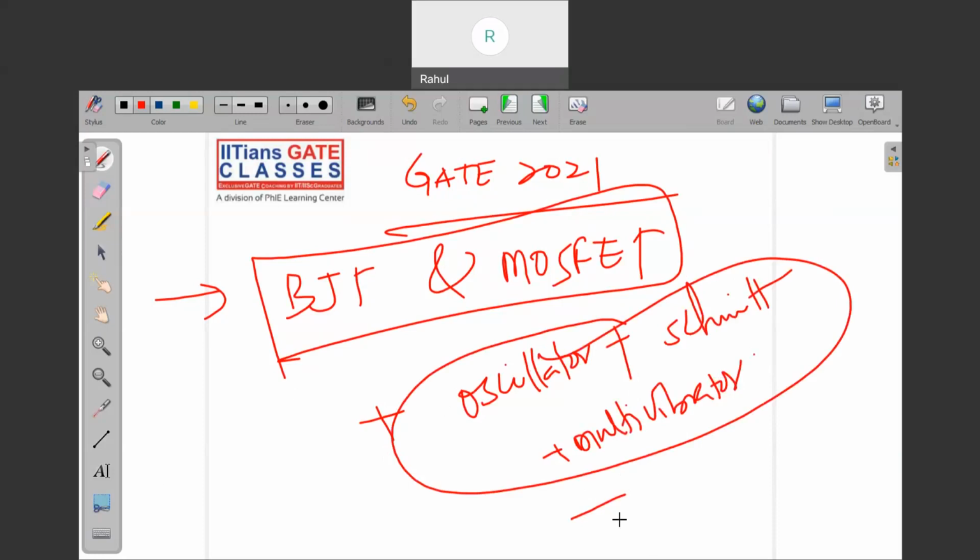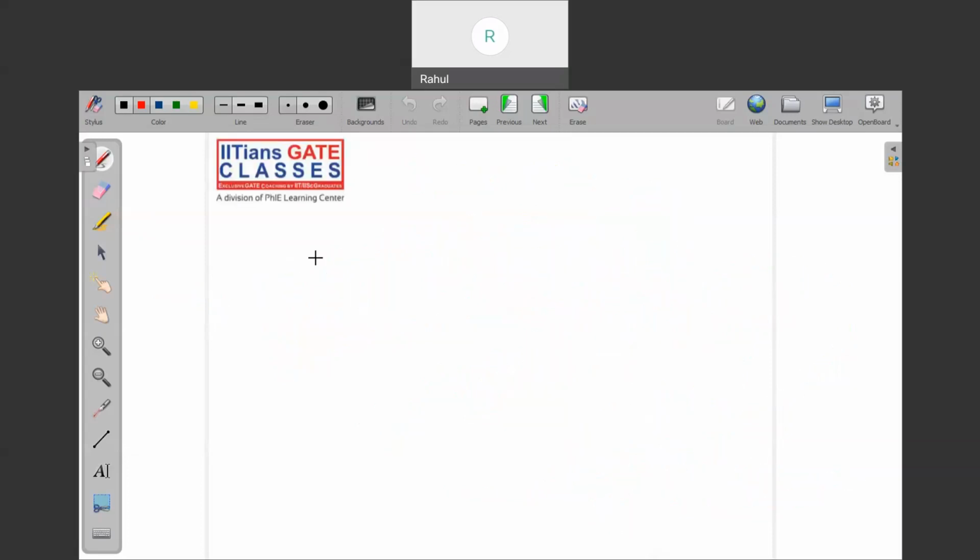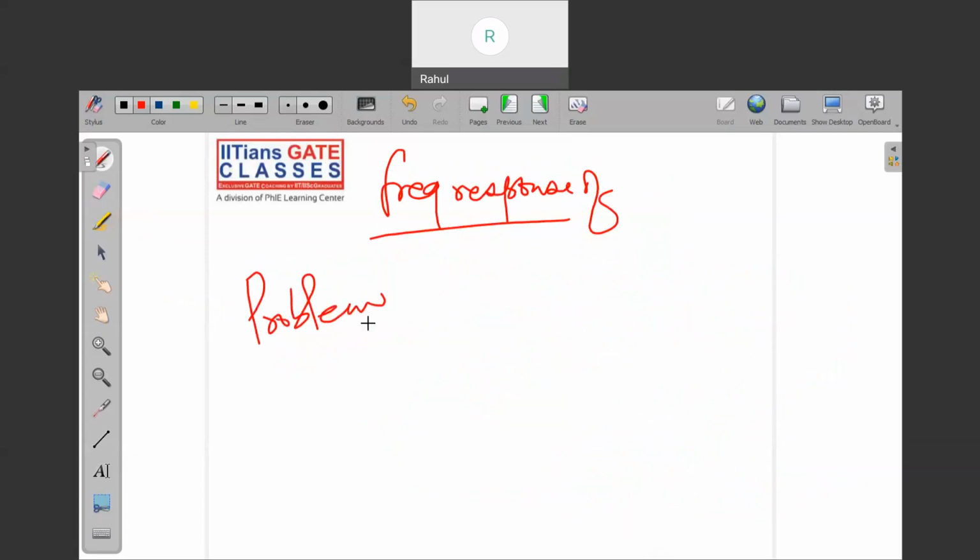Multivibrators and some filter problems, and the frequency counterpart of each circuit, like frequency response of op amp, frequency response of diode, how does your diode behave at high frequencies, right? All those things. So we will discuss frequency response and problems. Mainly now in our classes, the problems will be solved more.